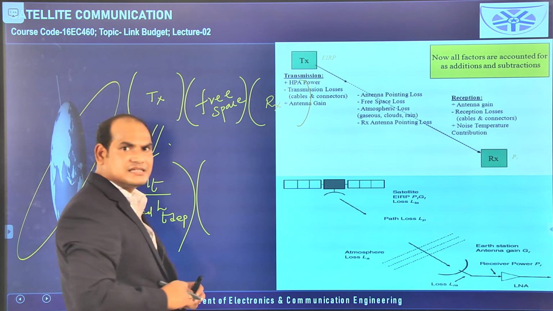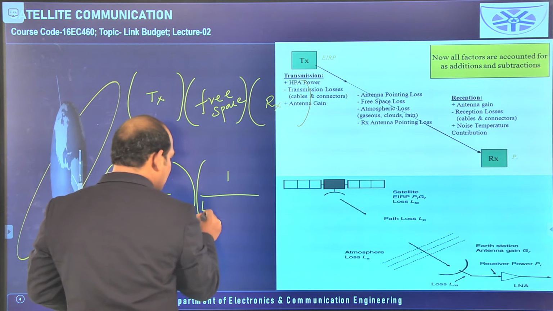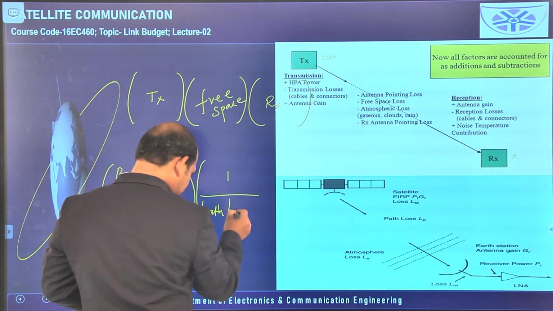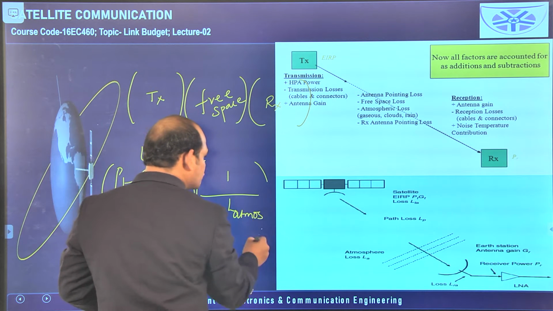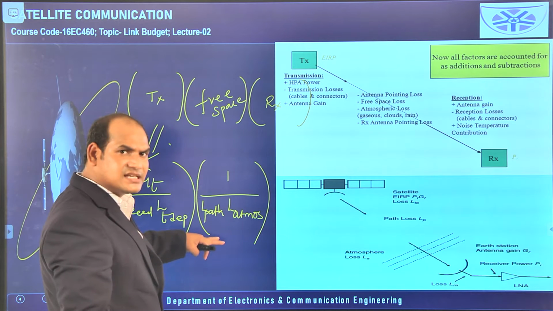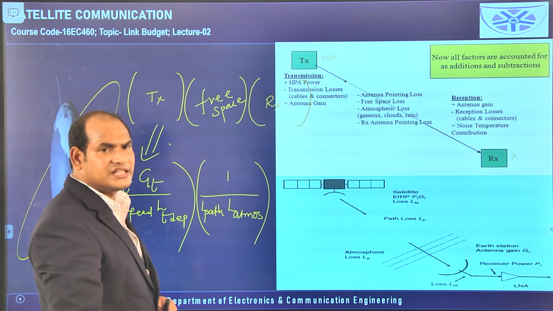In the free space, losses are occurring, because these are losses we should write in the denominator. The first loss is path loss and the second loss is atmospheric loss. So these two losses we should write in the denominator, because of the loss the strength is decreasing, that means we have to write in the denominator only. If the strength is increasing, we need to write in the numerator.